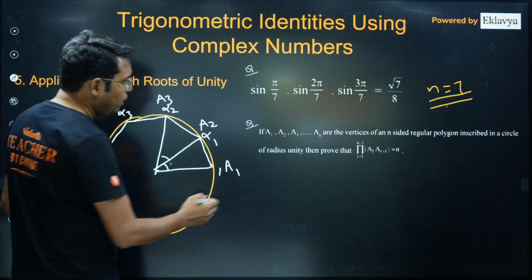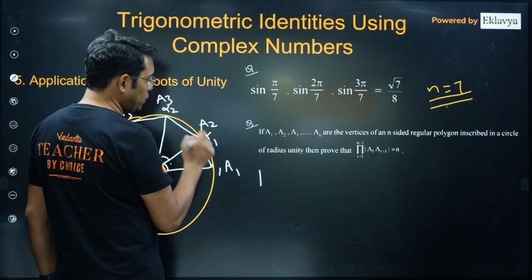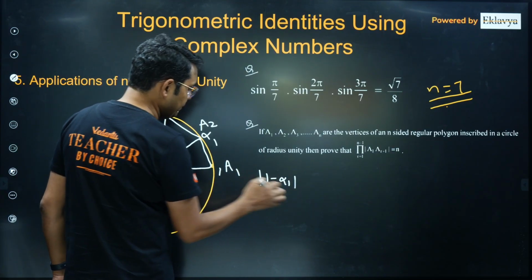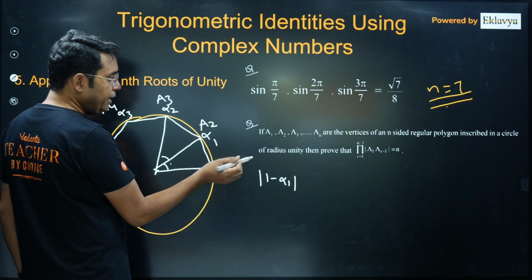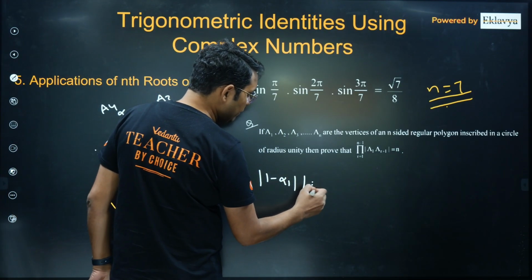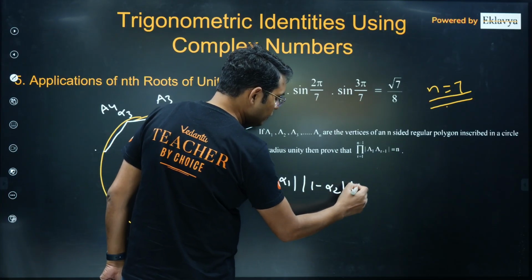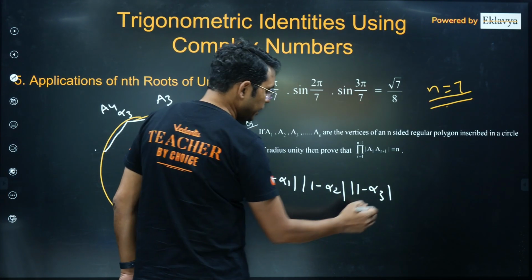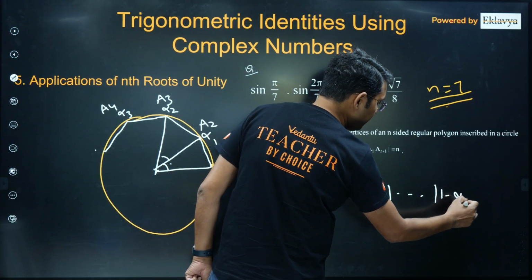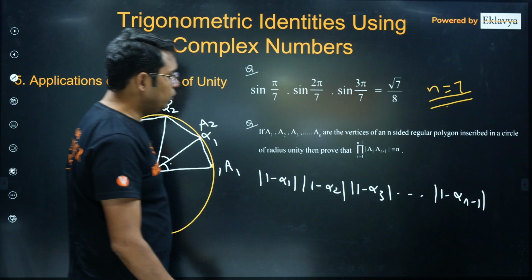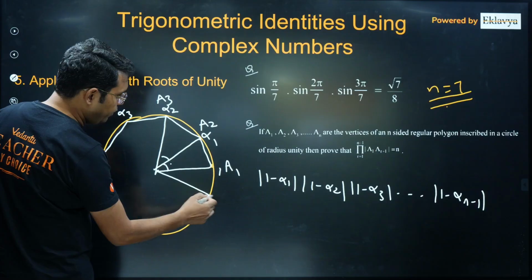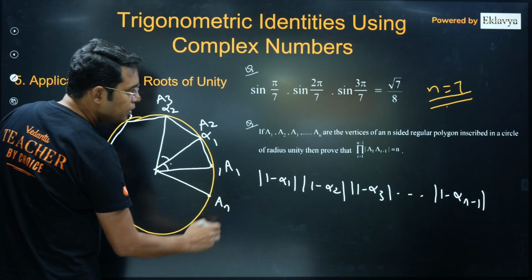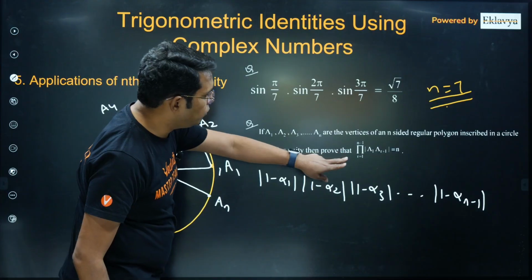Now they are asking for mod A1A2. Isn't it 1 minus alpha 1? Is it not 1 minus alpha 1, the mod of A1A2? Then A1A3 will be 1 minus alpha 2, then 1 minus alpha 3, and so on, up to 1 minus alpha n minus 1. If you look at all the vertices, this is A1, A2, A3, and the last one would be An, when r is equal to n minus 1.